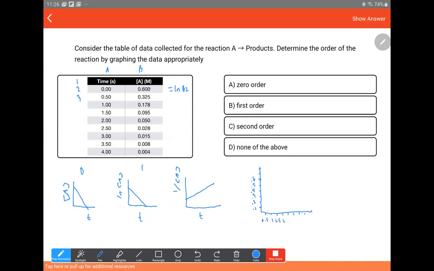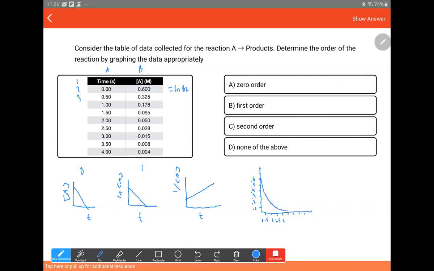So 0.6 at 0, and then we go to 0.325, and then 0.178, and then 0.095, and then 0.05, 0.028. That's looking pretty curved to me.